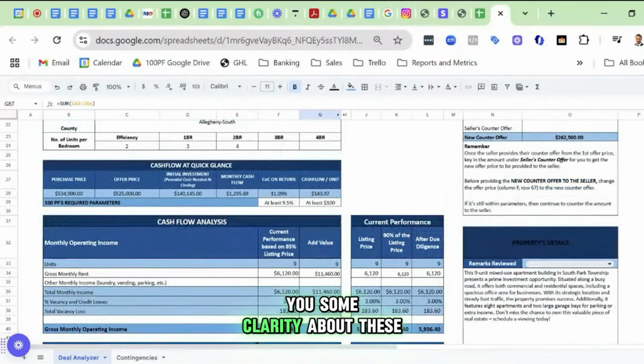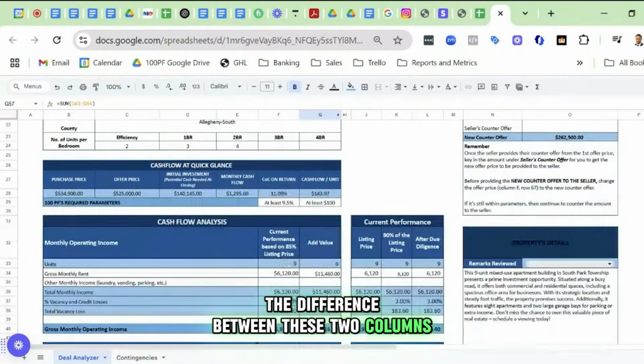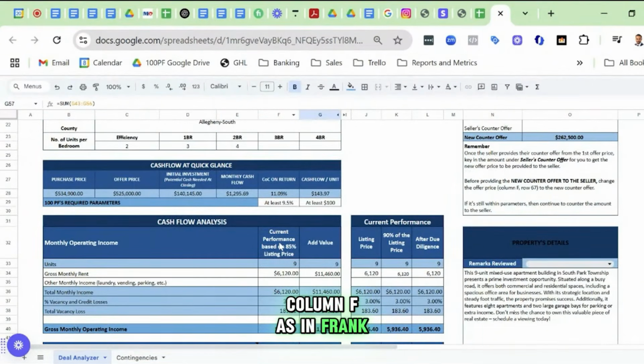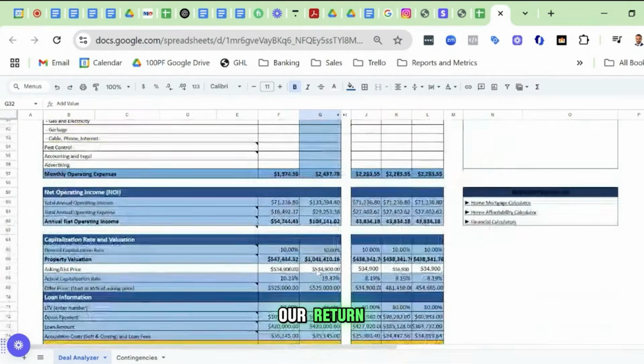To clarify the difference between these two columns, column F, as in Frank, is the current performance based upon the numbers provided on the listing, and column G represents the added value. As investors, we always want to acquire a property at a discount and then look for ways to add value very quickly so we can maximize our return.